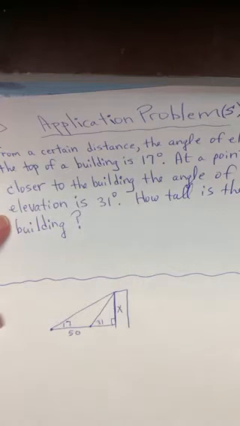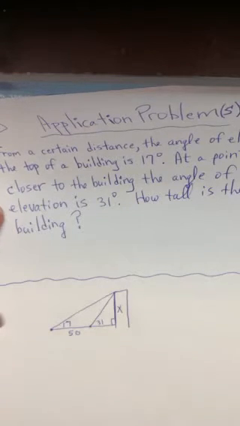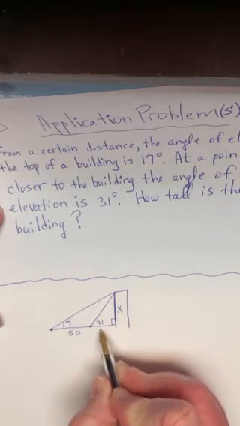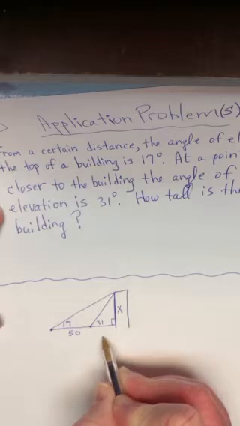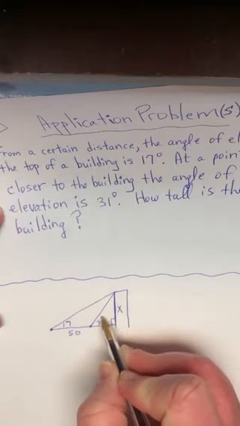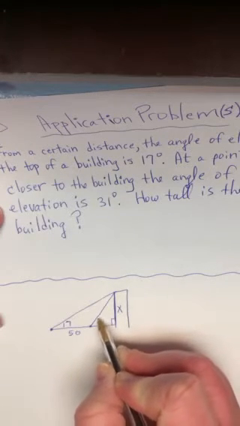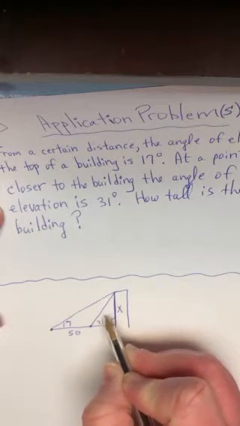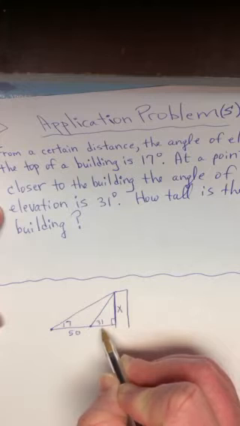Okay, guys, if you remember back when we started right triangles and we did some applications before, this is a problem where I would call the bottom of that little triangle Y. Now don't do that. And we would end up going to this 31 degree angle. Now remember this? We would do opposite over adjacent, which is what?